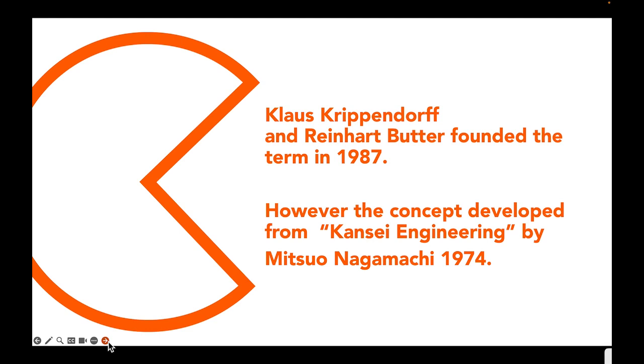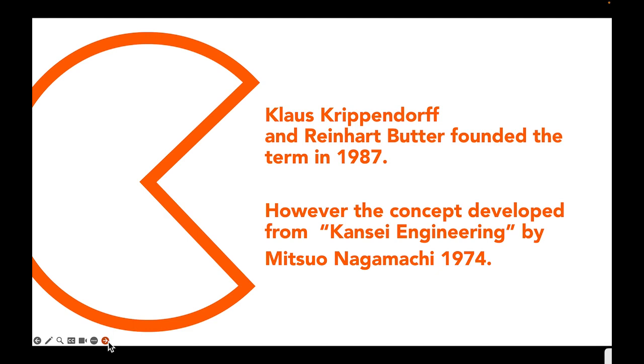So Kensei engineering is really interesting because Nagamachi adapted this concept to the design of cars, and Toyota embraced it and used it in a lot of their vehicle development and concept design throughout the 70s, 80s, and even now.